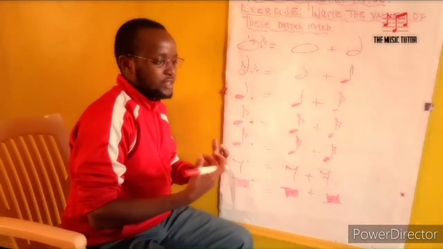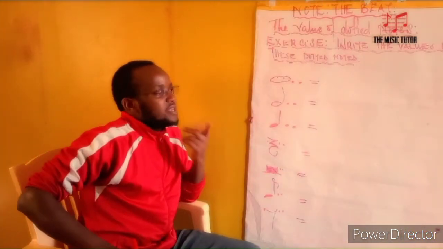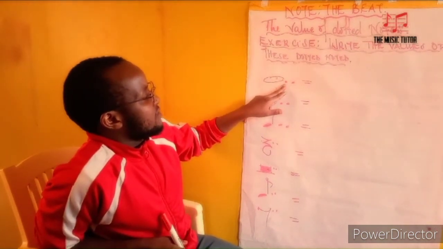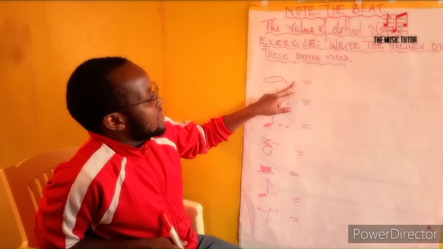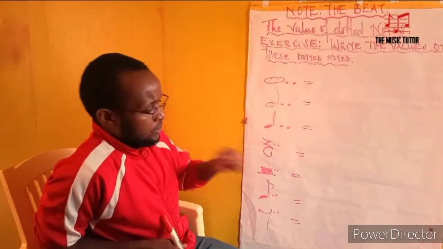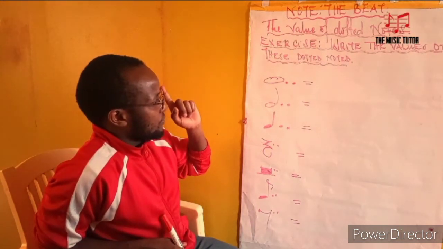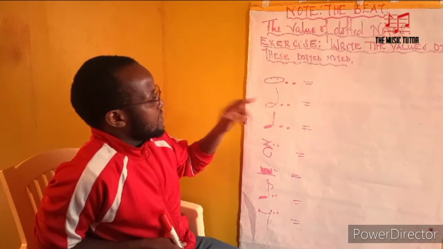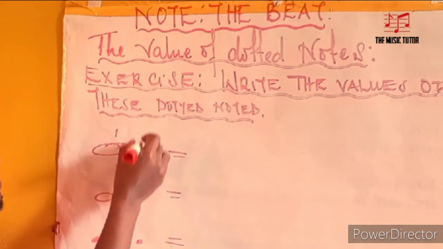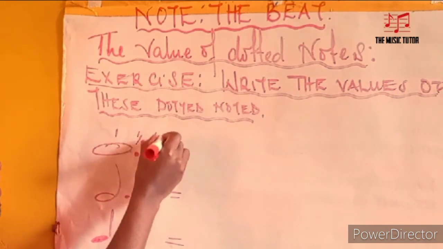Let us see the value of double dotted notes. Double dotted notes, as you have seen, the first dot will carry half the value of this note, and the second dot will carry half the value of this dot. So, as you have already seen, this being a whole note, will be extended to a half of itself and a quarter of itself.